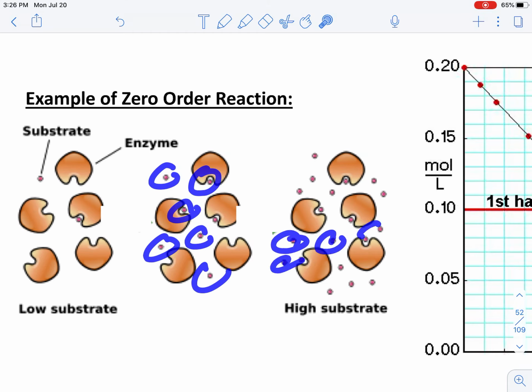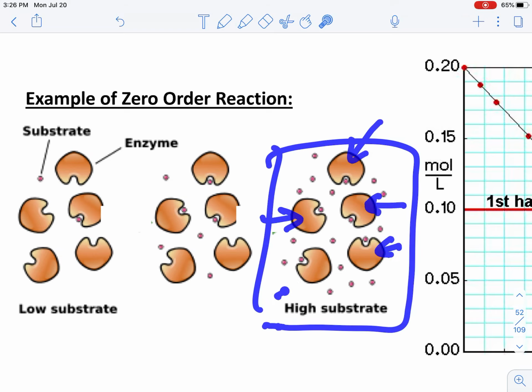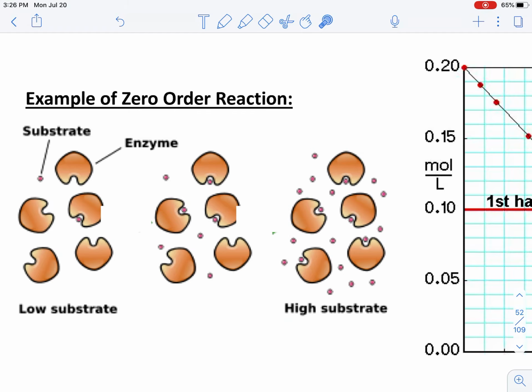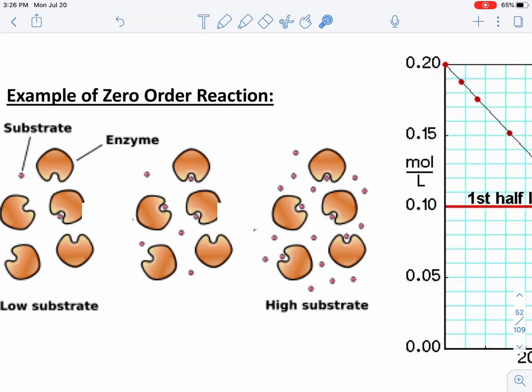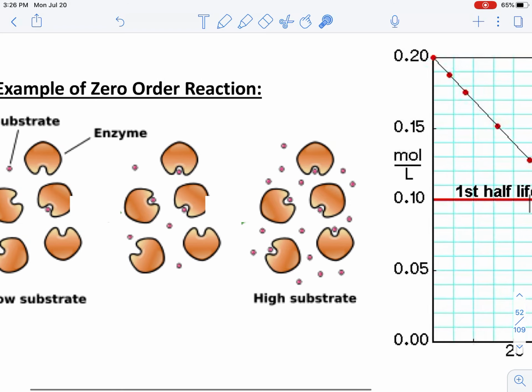If it's saturated, much like in this scenario, if you have a high abundance of your substrate but only 5 enzymes, then the rate of the chemical reaction is going to be dictated by the number of enzymes present in the solution or in your body. So the turnover rate is dictated specifically by the enzyme.